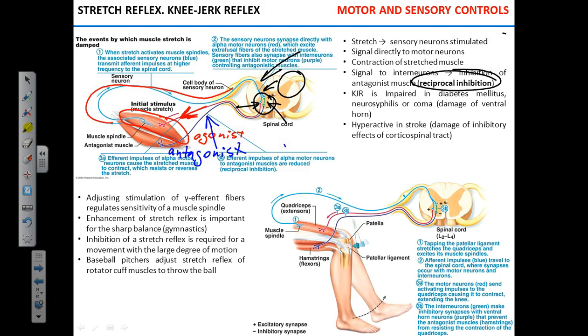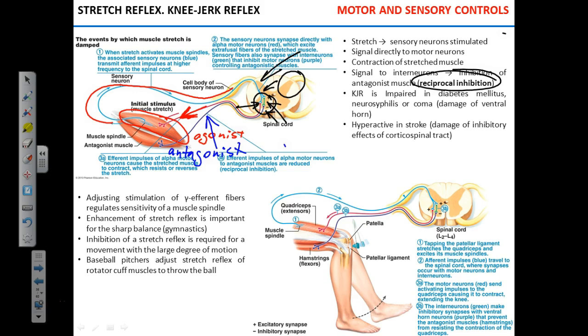The green thingy, what is it? Interneuron. Interneuron, okay? And then interneuron synapses with Kelsey. Synapses in the ventral horn with what? Another motor neuron.